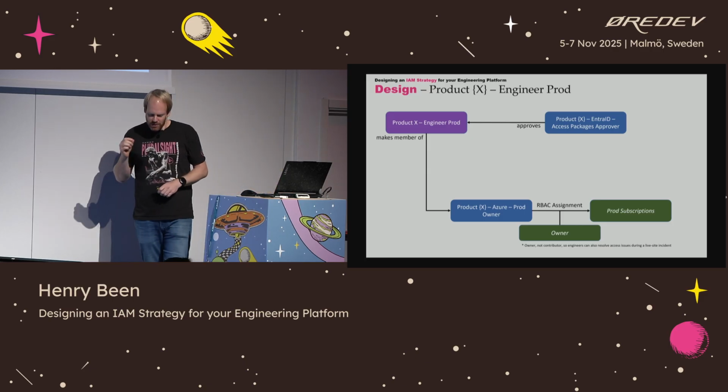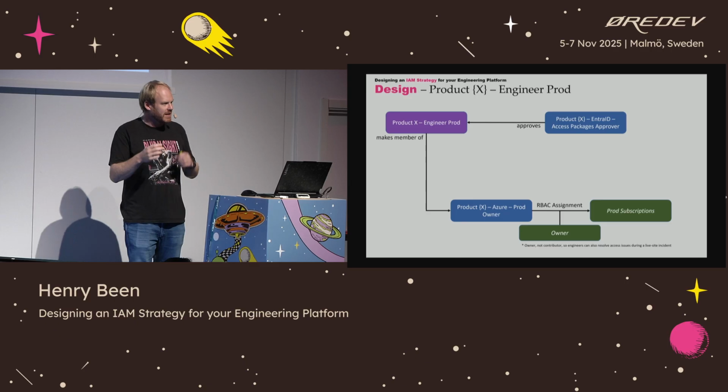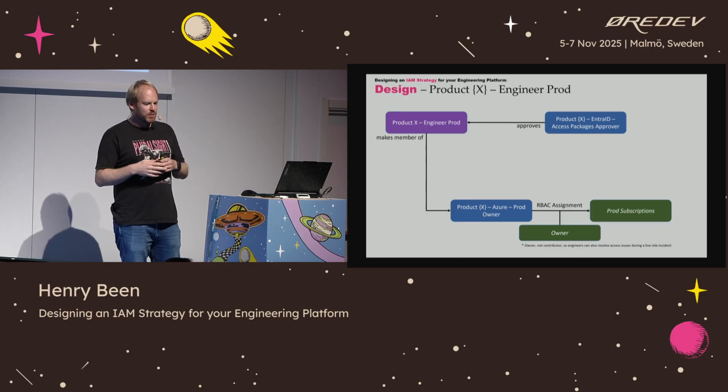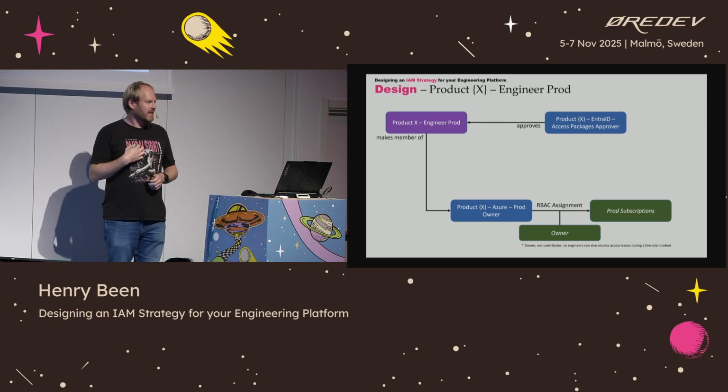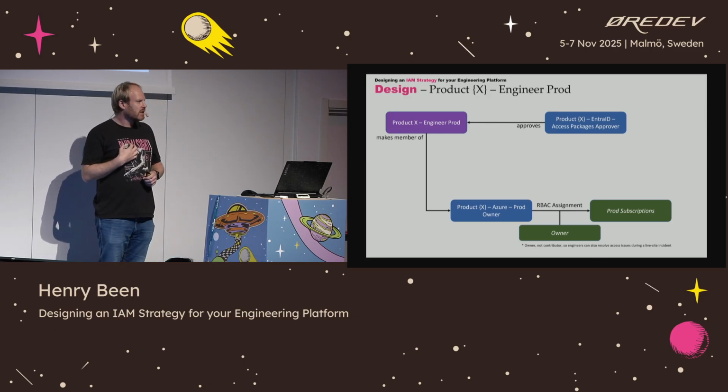The question is, if you assign permissions to the pipeline, is there like an eligible and active possibility there as well? To the best of my knowledge, you cannot do an eligible assignment on a system identity, so that's a managed identity or a service principal or a federated identity.